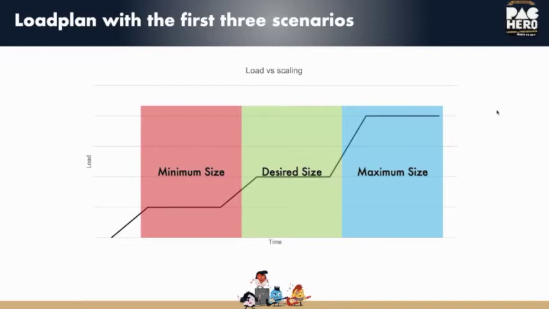So if you look at this graph, the black line is your load, and you see it going a little bit up. That's your testing during minimum size. So with a small load, maybe 10% of the users, then you go to your desired size, which maybe is your day-to-day load, again, maybe 100% of the users, and your maximum size, and the load is increasing by twofold to your stress test scenario.